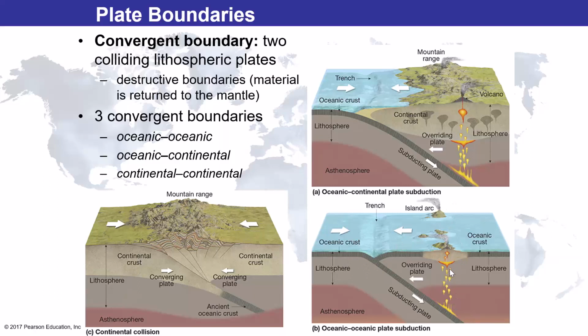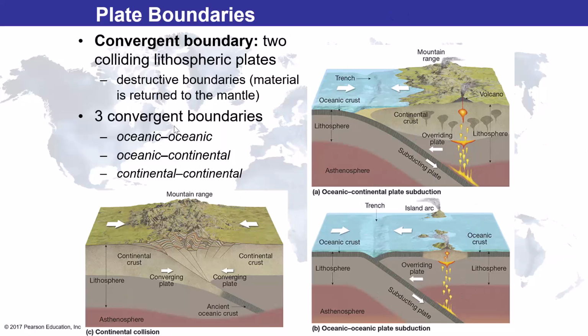So we get these island chains or these island arcs that exist when two different oceanic plates are colliding. One is subducting, and then as this material melts, this will again move towards Earth's surface and create these volcanic island chains. So keep this in mind because you will need to identify this in the lab manual.